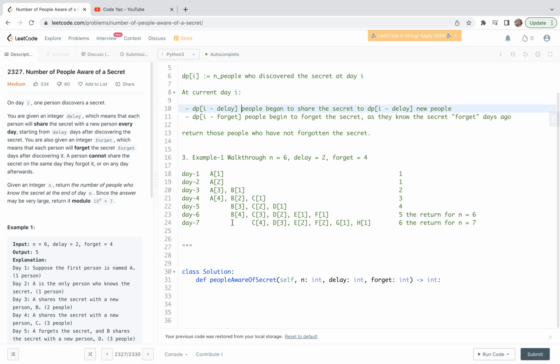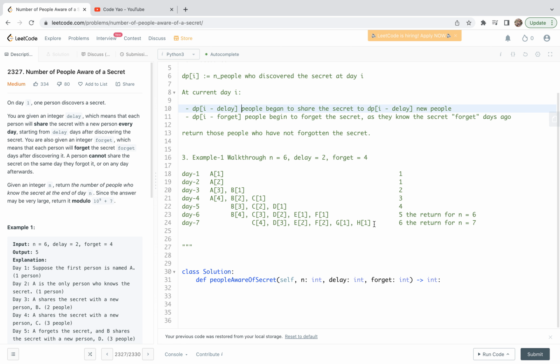Let's look at one more day, day 7. On day 7, this is B's 5th day, so he forgets the secret. So we remove B. So it's the 4th day for C, right? And it's the 3rd day for D and the 2nd day for E and F. So both E and F cannot share the secret with a new person, but both C and D can share the secret with a new person.